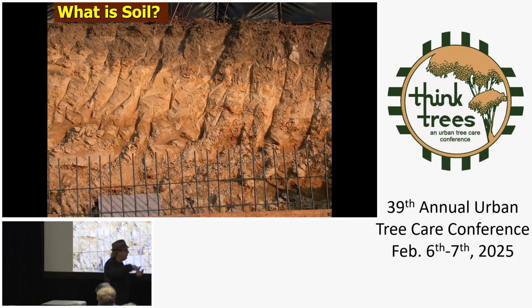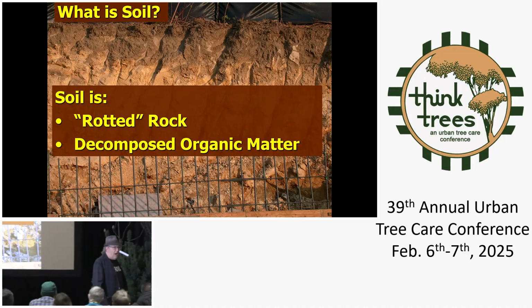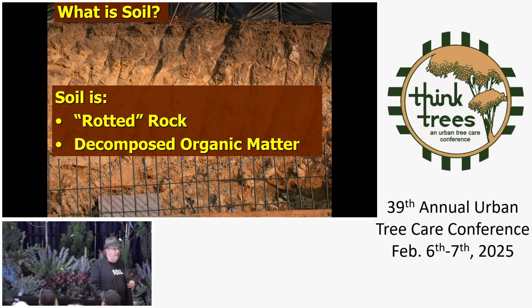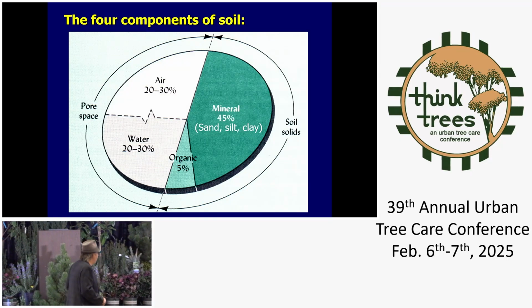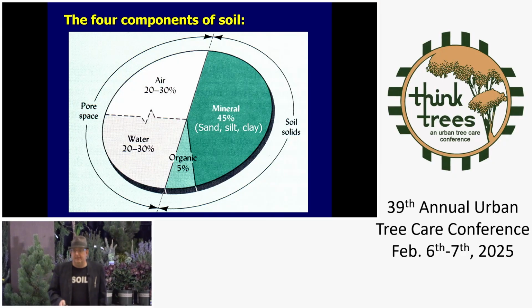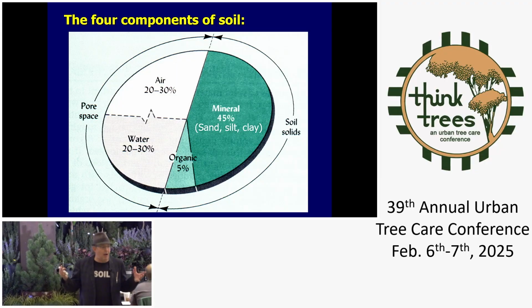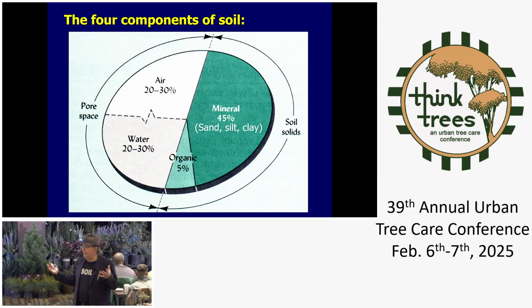All right. So, reviewing. Soil is rotted rock, dissolves in water, and it's decomposed organic matter, and the rest of it is space, right? And you look at the slide like this, and this is a pie chart that shows what soil is. Soil is about half stuff, and the other half is void, space.